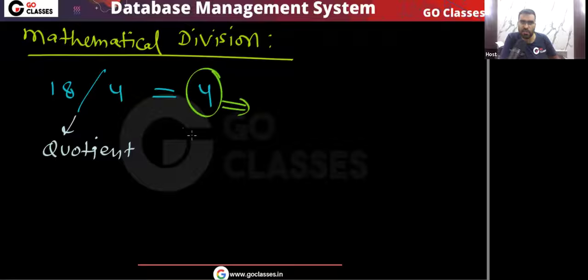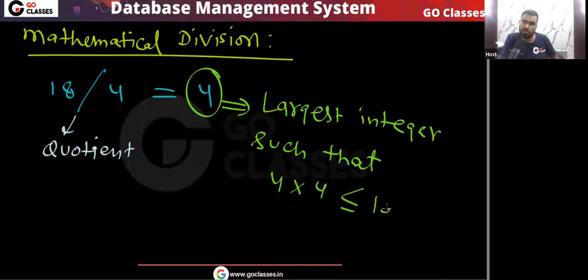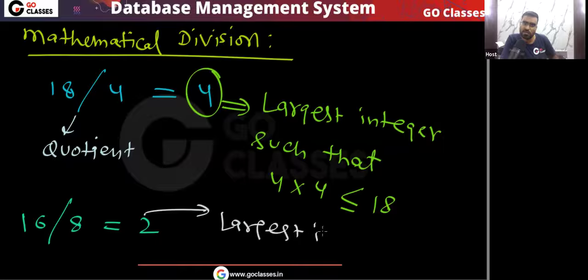Because this is the largest integer such that 4 multiplied by 4 is less than or equal to 18. Agree? For example, what is 16 divided by 8? That will be 2. This is the largest integer such that 8 multiplied by 2 is less than or equal to 16. Is this clear? This is mathematical division.